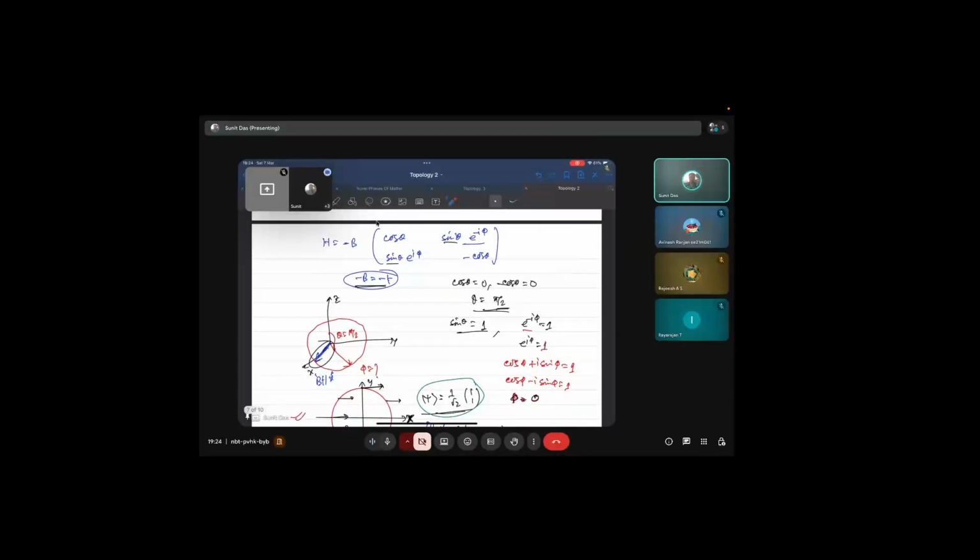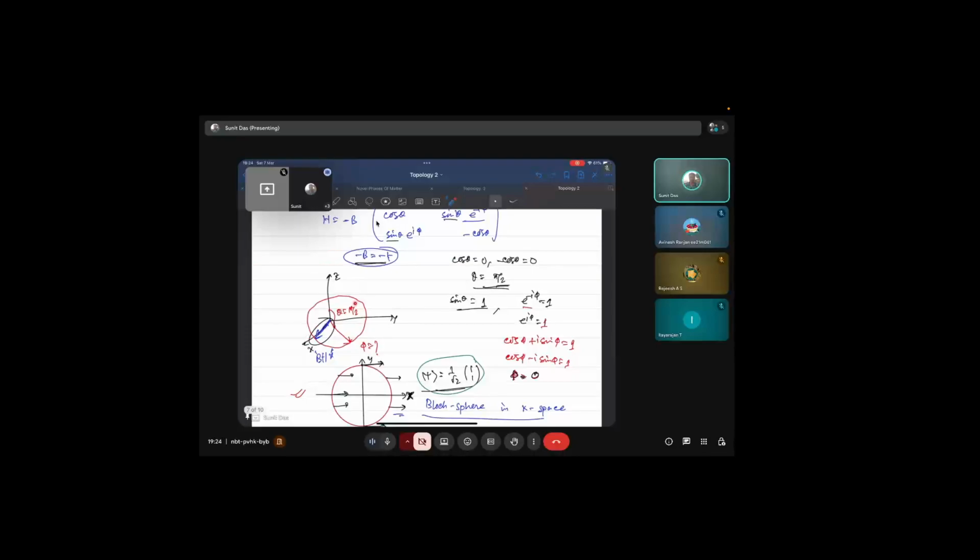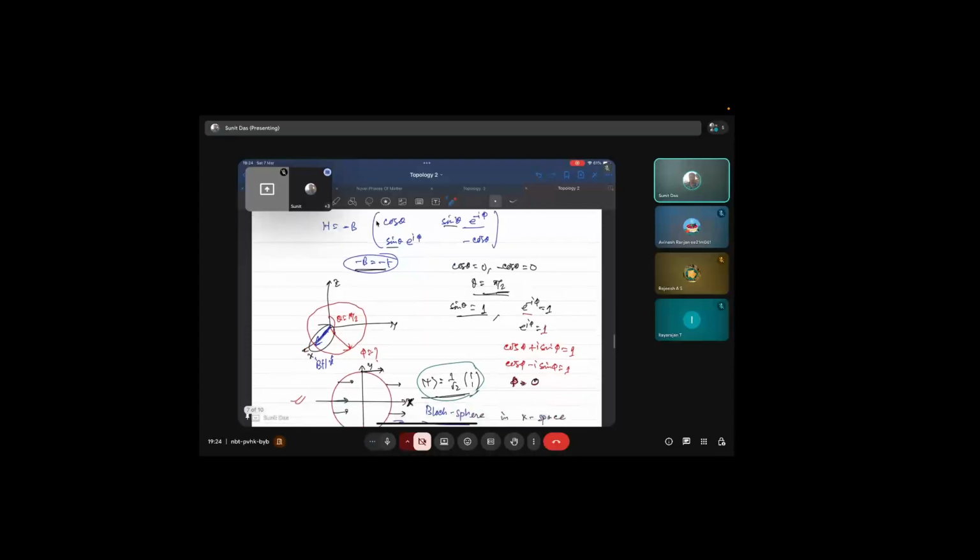So cos theta needs to be 0, that means theta is pi by 2. So that was the case for the non-trivial case as well, right? So the vector manifold was only in the plane, right?